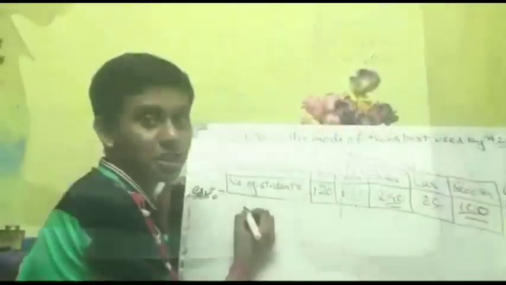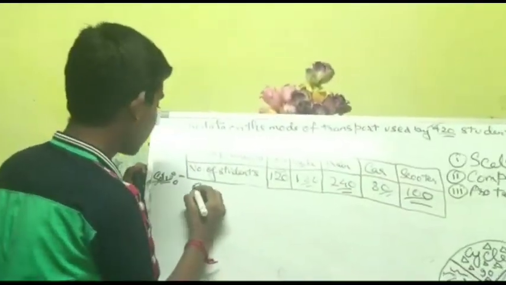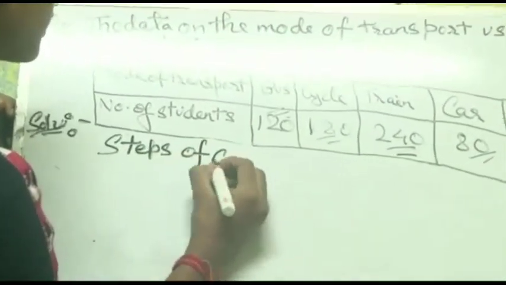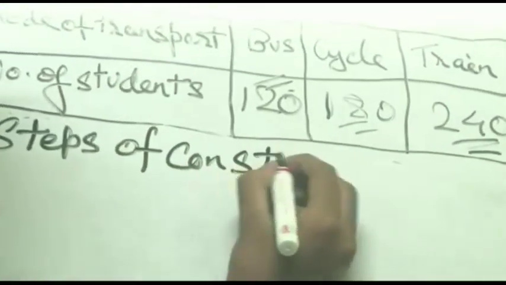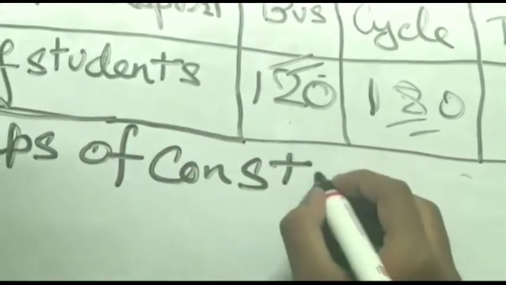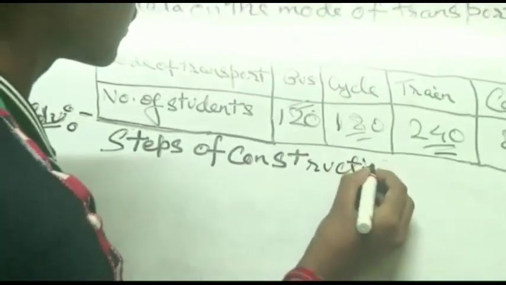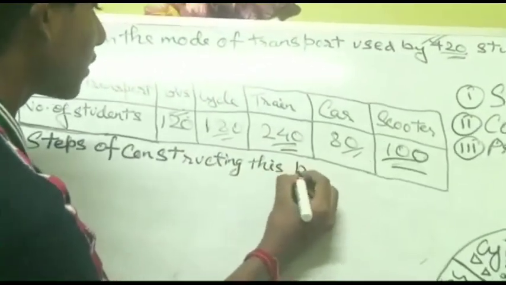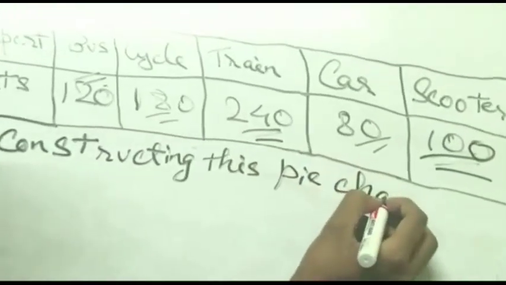Write the steps of construction. Steps of constructing this pie chart. On this question basis I am taking the steps.